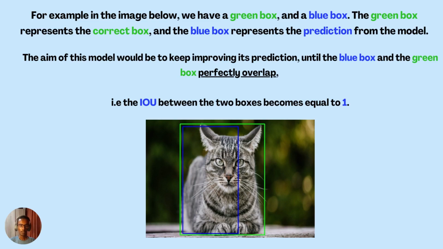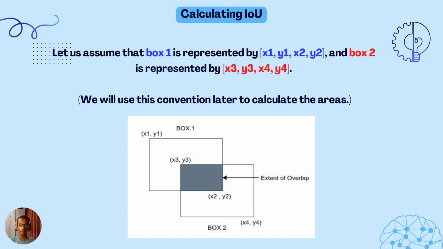The green box perfectly depicts the cat, but the blue box is just a prediction, and it has to learn so that the IOU between the two boxes could be equal to 1. So that's our goal.